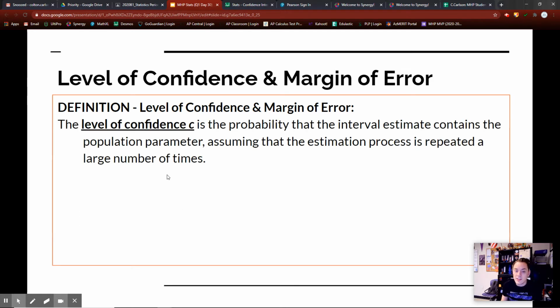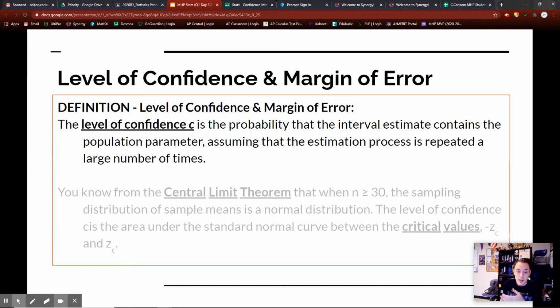The level of confidence C is the probability that the interval estimate contains the population parameter, assuming that the estimation process is repeated a large number of times. It keeps going over and over again.